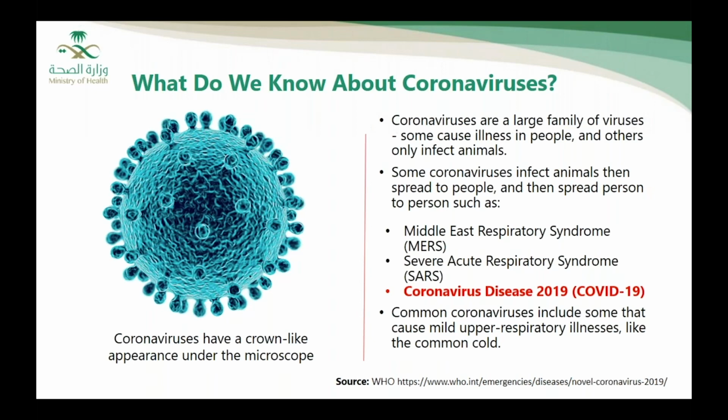Some cause illness in people and others only infect animals. Some coronaviruses infect animals, then spread to people, and then spread person to person, such as Middle East Respiratory Syndrome, that's MERS-CoV, Severe Acute Respiratory Syndrome, SARS, and Coronavirus Disease 2019, which is COVID-19. Common coronaviruses include some that cause mild upper respiratory illness like the common cold.